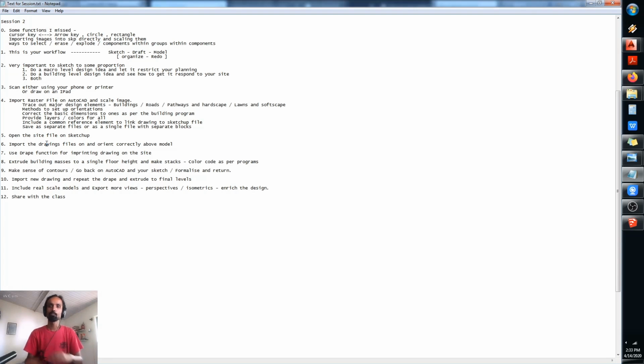Levels become very key when you're trying to work with contoured sites, so you need to find some kind of feedback method of seeing how it's looking in the model, and then going back onto your SketchUp and drafting, and then exporting views.